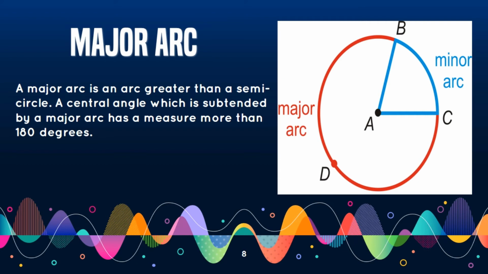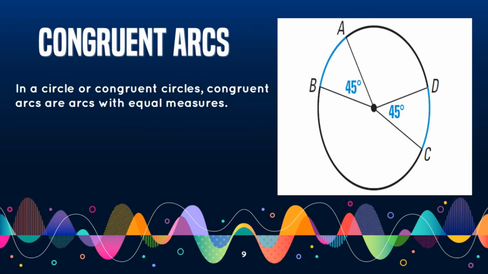So in this case, we have arc BDC or arc CDB as the major arc of circle A. So, we can conclude also that arc BDC plus arc BC is equal to 360 degrees, with arc BDC greater than arc BC. And remember that when we are naming major arcs, we are naming 3 points. So in this case, we have major arc BDC or major arc CDB.